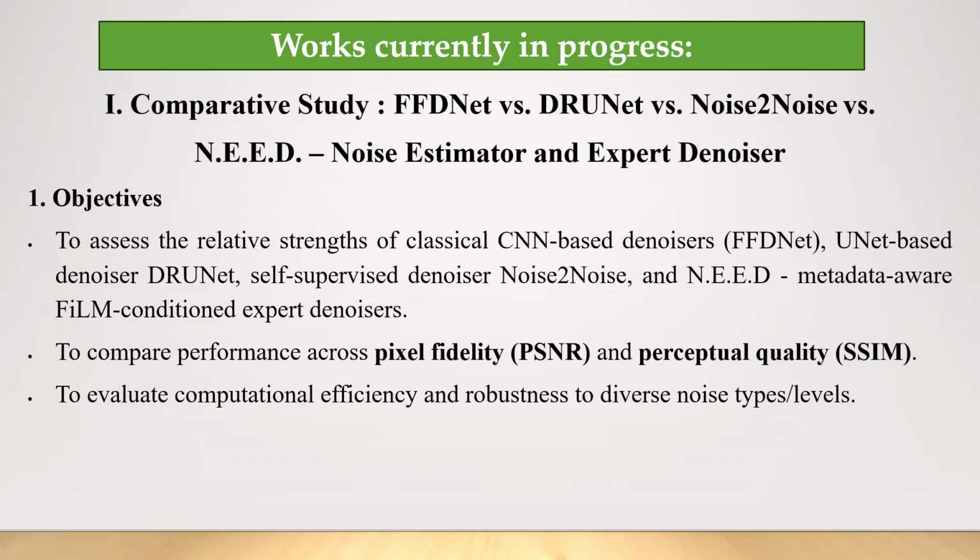The FFD-Net is a CNN-based denoiser, also known as the fast and flexible denoiser based on CNN. The second one, DRUNet, is a UNet-based denoiser and is a resource-heavy network. And the third one is Noise2Noise, a self-supervised denoiser which doesn't require a clean image to train.